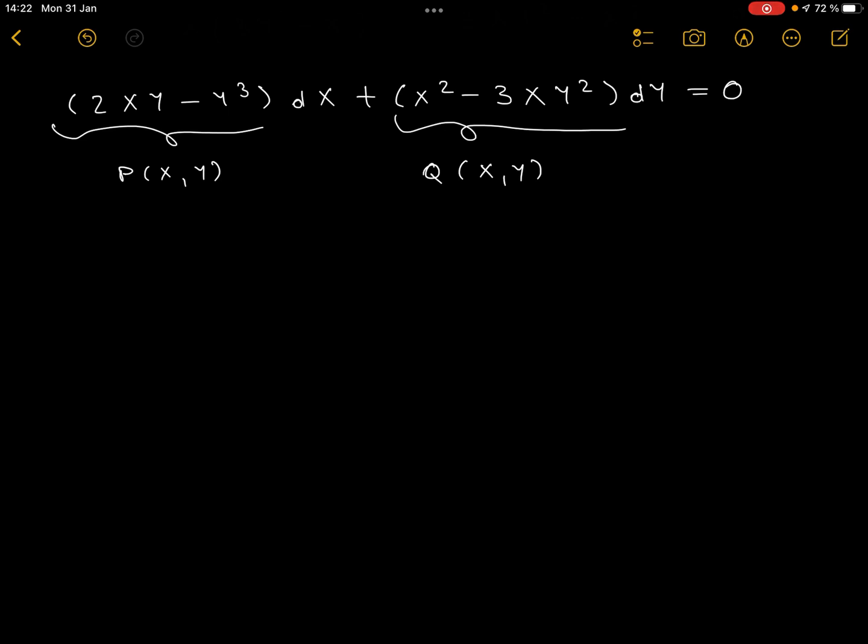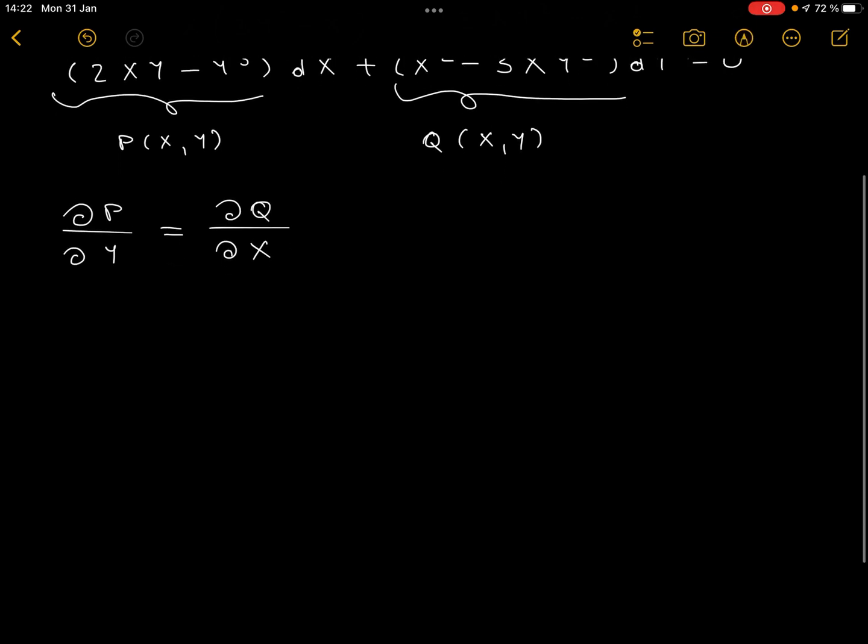In order to do that, the following condition must be satisfied: partial P over partial y is equal to partial Q over partial x. Now let's check whether or not this is true.